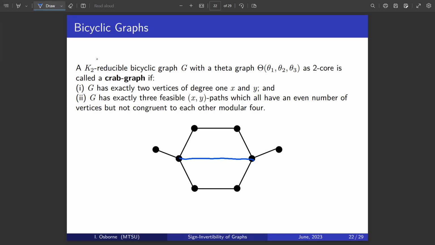It's the crab graph. So the reason that this one works is you have your 2. It's very similar to the unicyclic graph. It's basically just a unicyclic graph with an extra line drawn in it. So for each vertex X and Y, you now have 3 feasible paths between them.